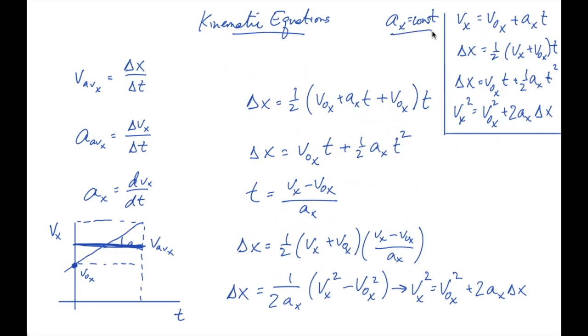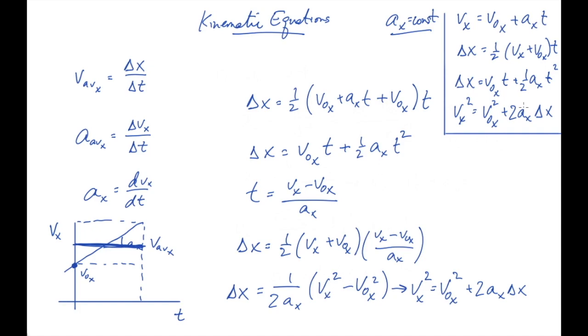But there's nothing stopping us from applying these equations in the vertical dimension, along the y-axis or the z-axis or any other direction. You could change x into y or z or whatever and propagate it through the exact same algebra, and you'll get the same equations. So just because I wrote x here doesn't mean that these equations don't work for the other dimensions. They'll work in any dimension where the acceleration is constant.